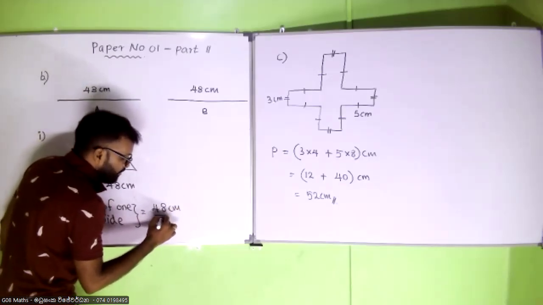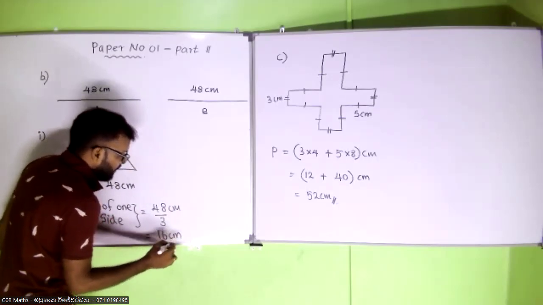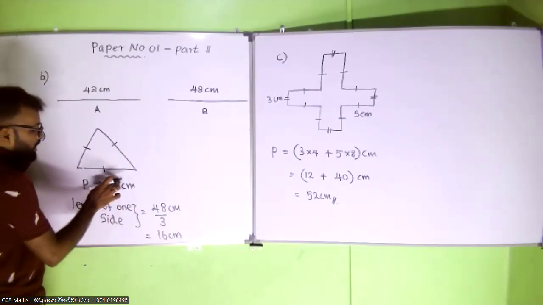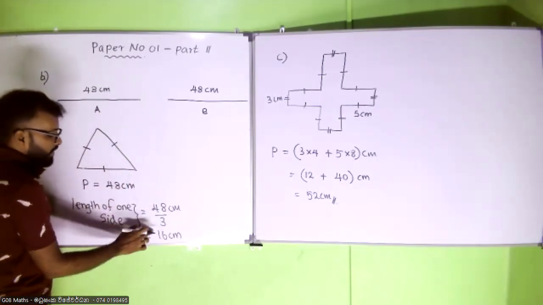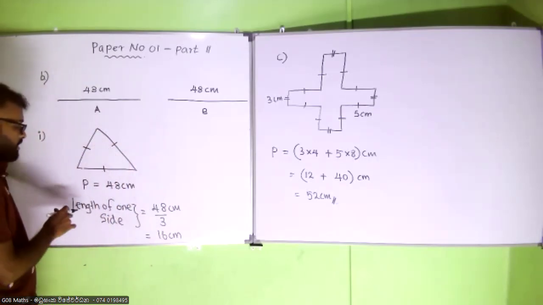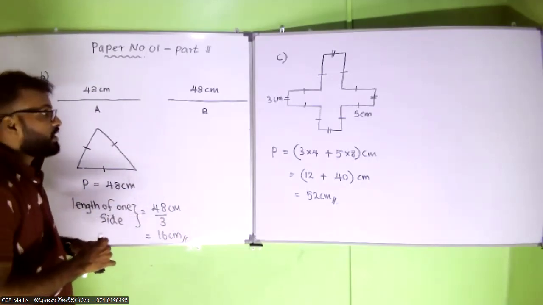So it is 16 centimeters. Because we have 3 sides, 48 is the perimeter. 48 divided by 3 will give you the length of one side, 16 centimeters.